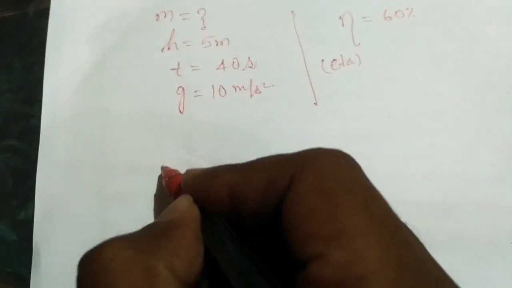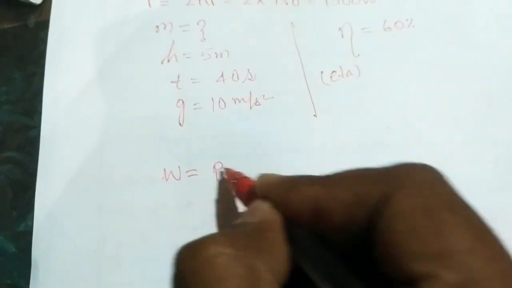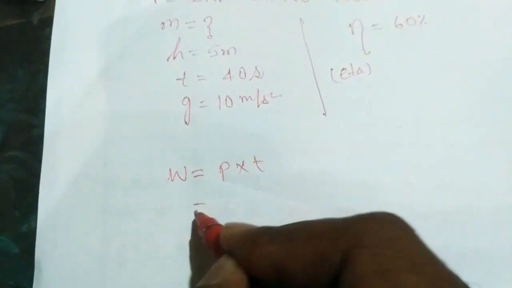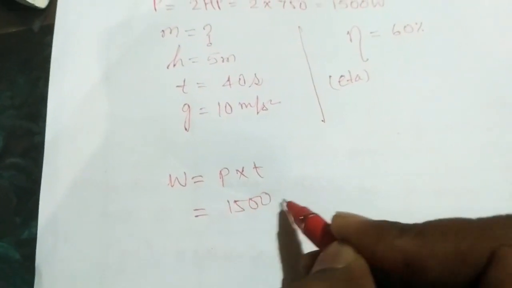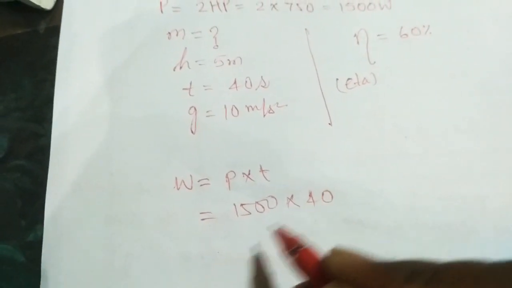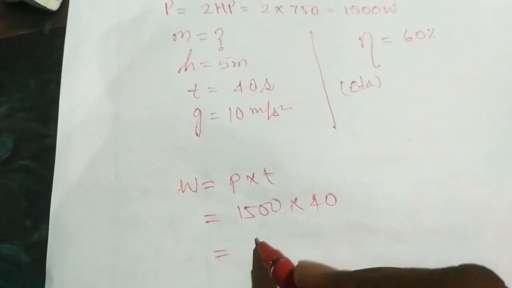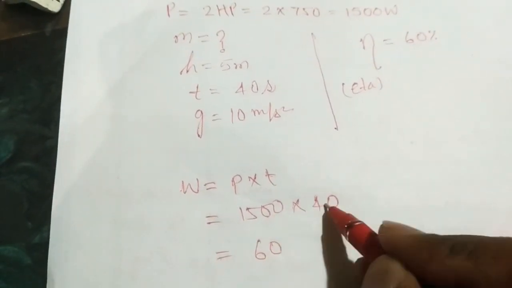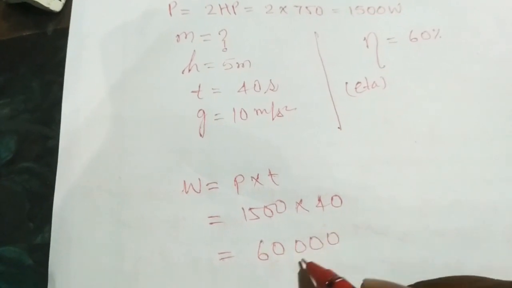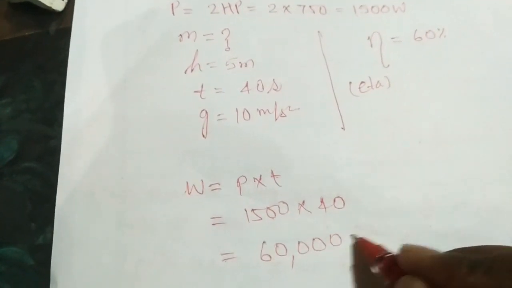So we know that work done is equal to power into time. So what is power? 1500. Time 40 seconds. 15 into 4, 60, and 000. So it is 60,000. Work has the unit of joule.